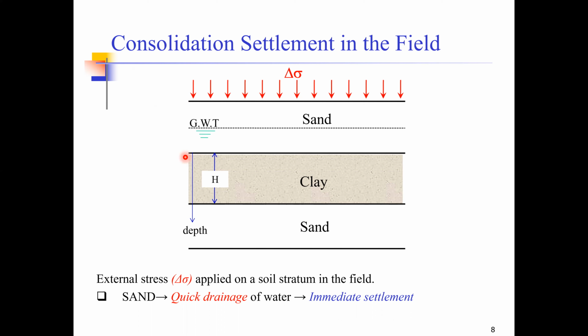However, it would be difficult for the water in the pores of the clay layer to leave because of very low permeability. Because of this, the settlement would not occur immediately; rather it will take a considerable amount of time. Whenever a considerable amount of time is involved in settlement, this is what we call consolidation settlement, which is a kind of time-dependent settlement. So this is the difference between the two kinds of settlements that occur in granular material and in fine-grained material.